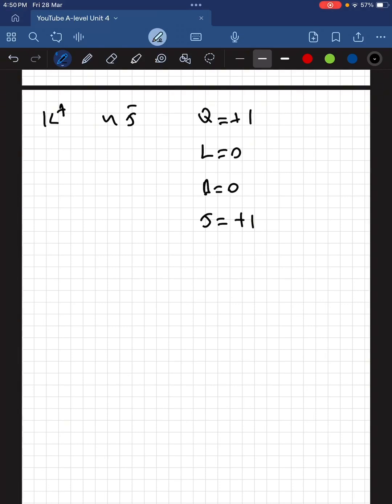And let's go see a very weird example. So the phi meson consists of an S quark and an S bar quark. So the charge is 0, the lepton number is 0, the baryon number is 0. What's the strangeness? It's also 0 because we have a pair of strange and anti-strange quarks, okay?